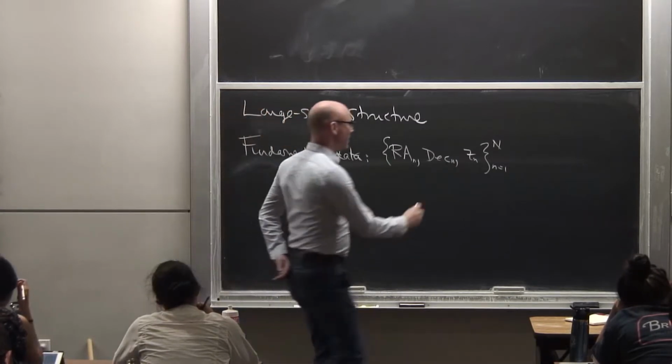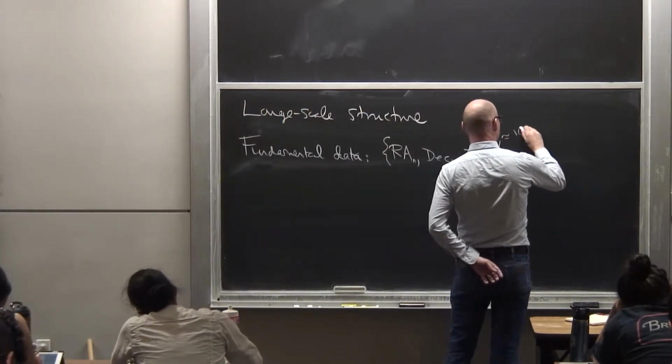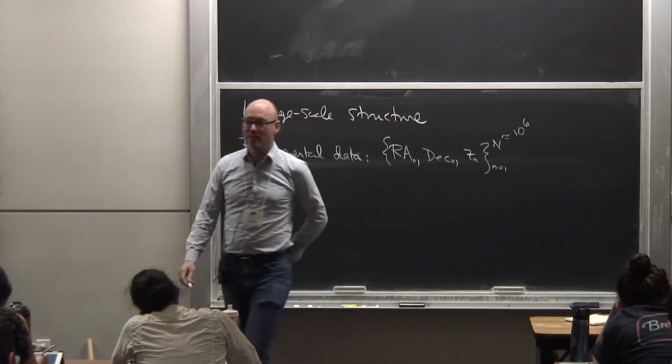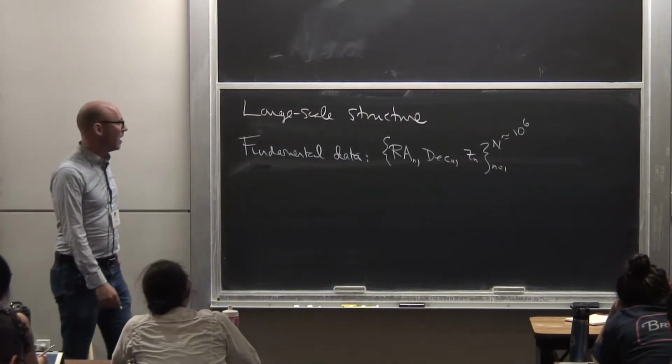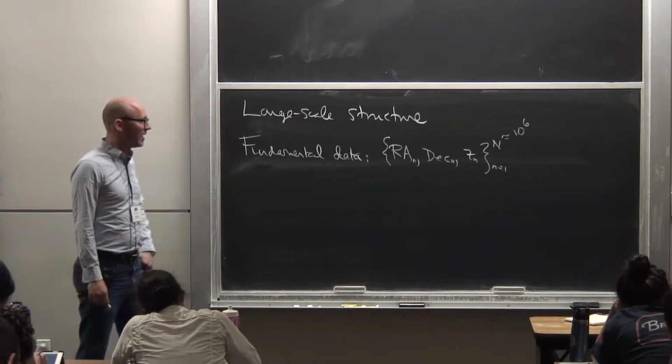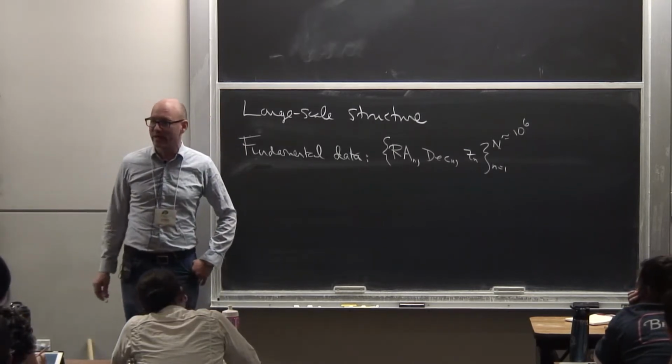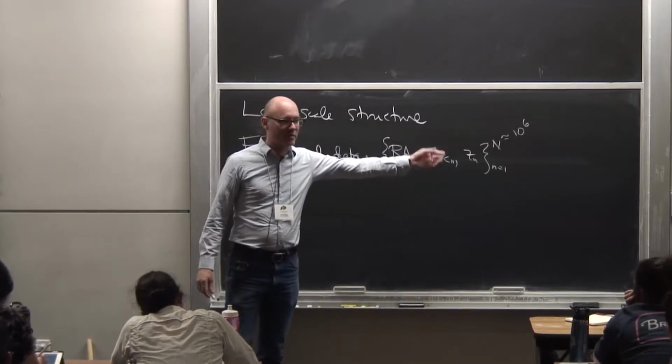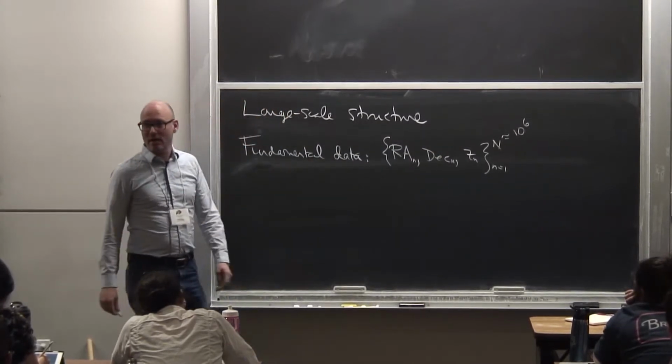N here is of order 10 to the 6 for the biggest projects that we work on. As was mentioned 2 days ago, I've worked on every phase now of the Sloan Digital Sky Survey. The Sloan Digital Sky Survey was the first survey to get into these numbers.